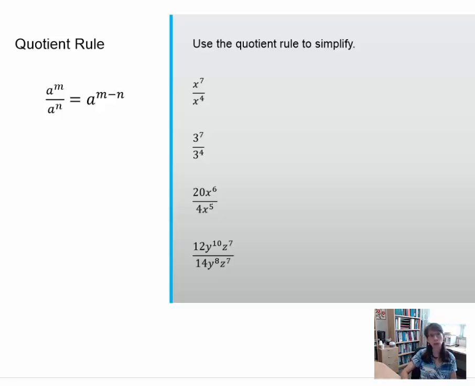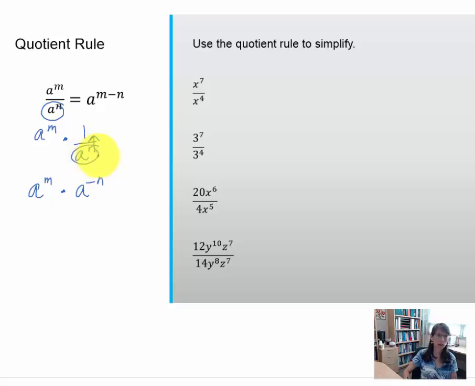Here we have the quotient rule. With the quotient rule, we're starting with a fraction. We have like bases. So what was really happening here is a to the m is multiplied by 1 over a to the n. And then a to the m was multiplied by a to the minus n, because the term in the denominator shifted across the division bar, and when that happens, the exponent changes its sign.